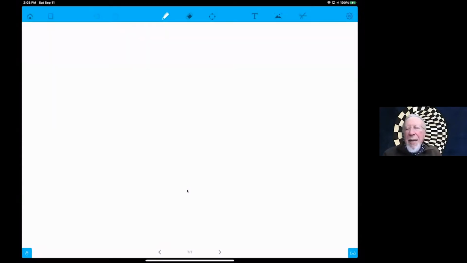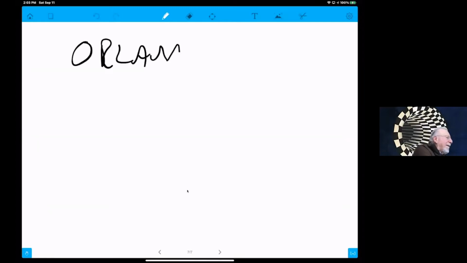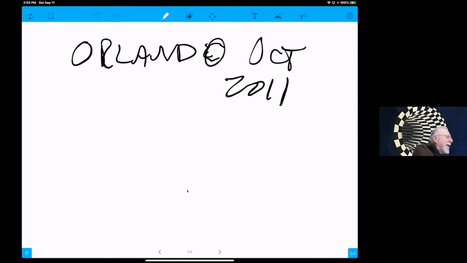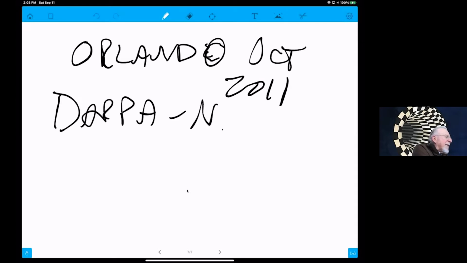Okay, so there's a meeting. They set up a meeting in Orlando. This is now October 2011, and it's a DARPA and NASA thing at the hotel.